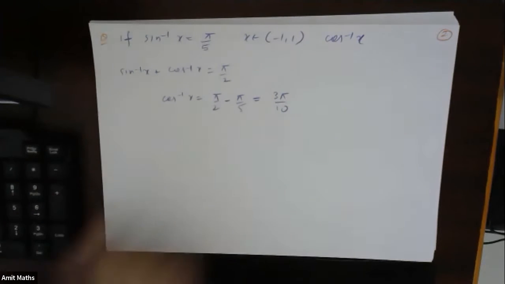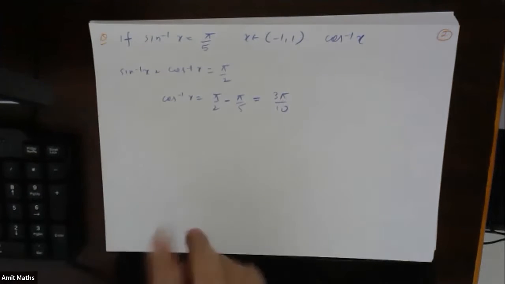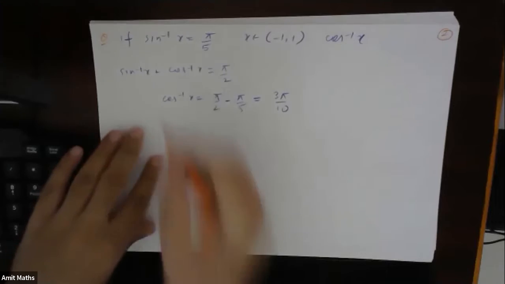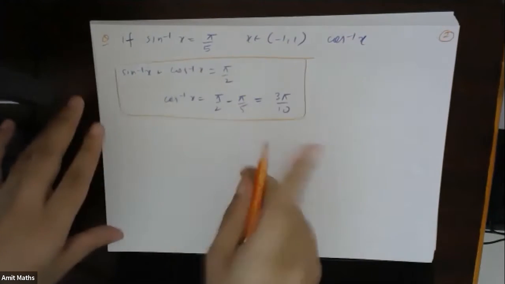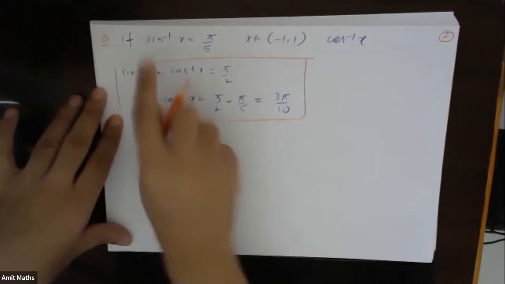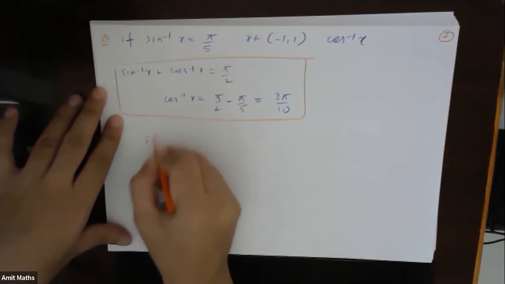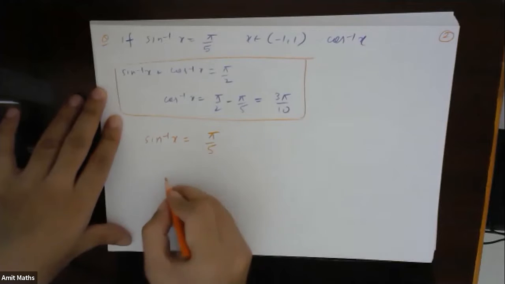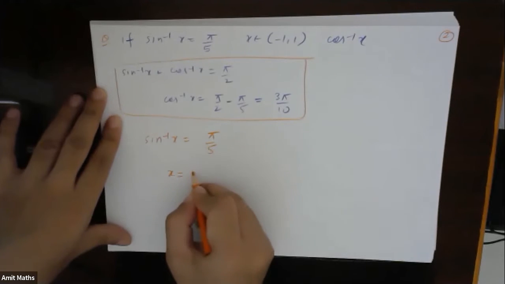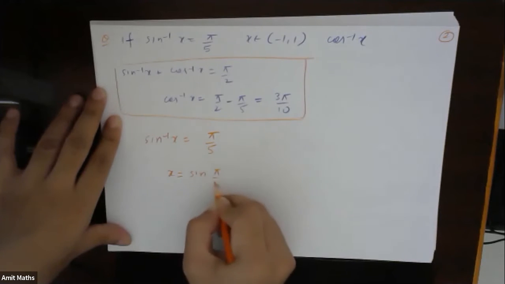Let's see. Using a triangle, I can show what this property is and how this result is coming from. So if we have sine inverse of x equal to pi by 5, I can write x is equal to sine of pi by 5.